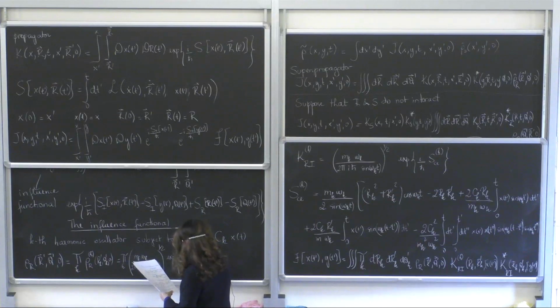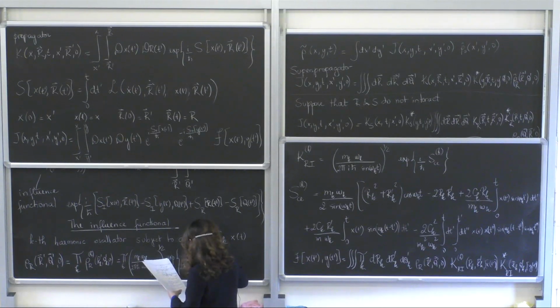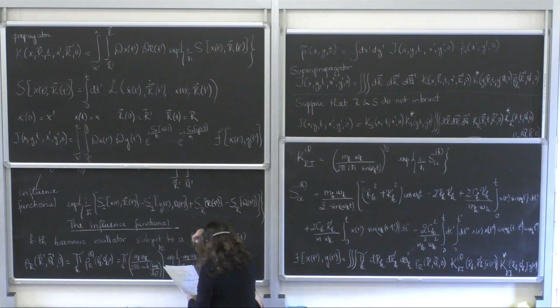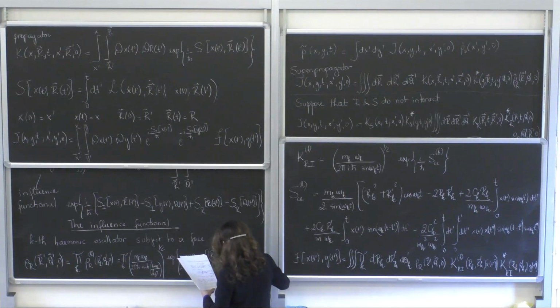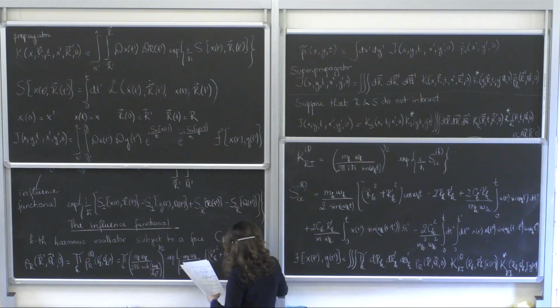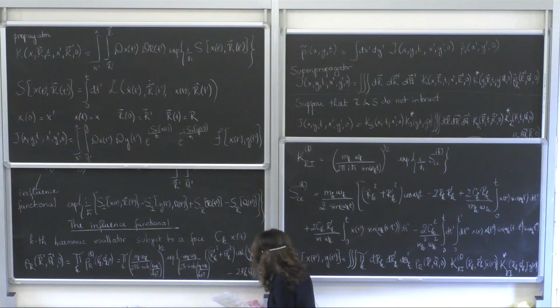Exponential of minus m_k omega_k over 2 h bar sinh of h bar omega_k over k_B T, times r prime squared plus q prime squared multiplied by cosh of h bar omega_k over k_B T, minus 2 r_k prime q_k prime. And now here you close.